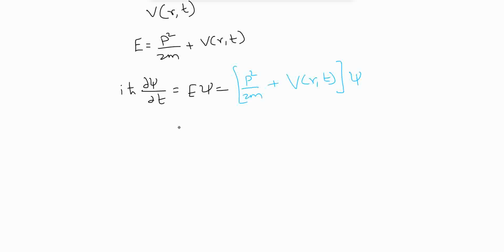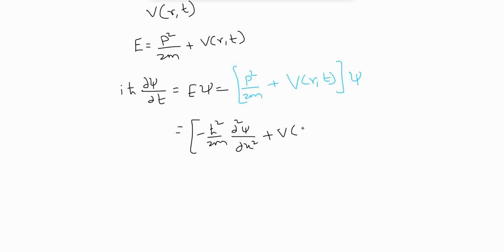So this equals minus h cross square by 2m dou square psi by dou x square, that is p square by 2m into psi, and then this one is V times psi.